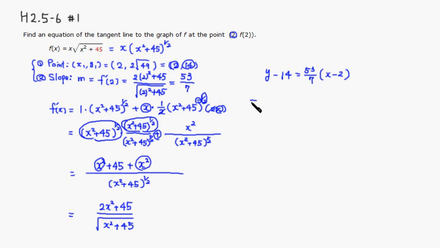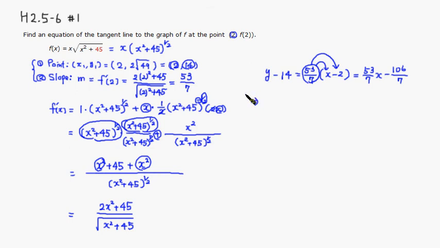Maybe we should simplify it a bit. First I'm going to distribute 53 over 7 to each term, so that gives you 53 over 7 times x, then 53 times negative 2, which gives negative 106 over 7.